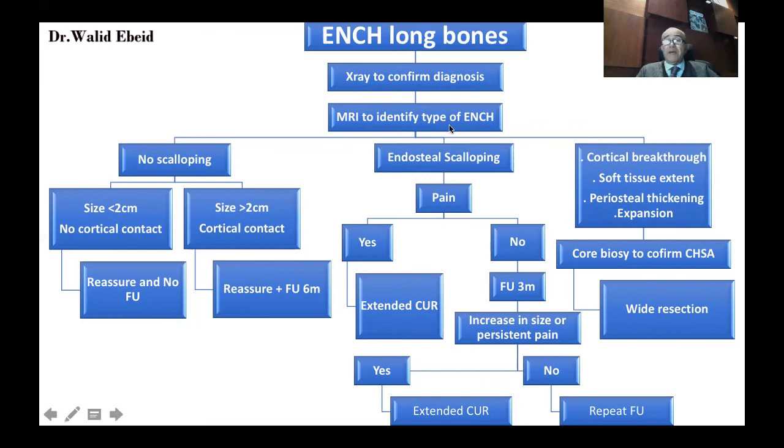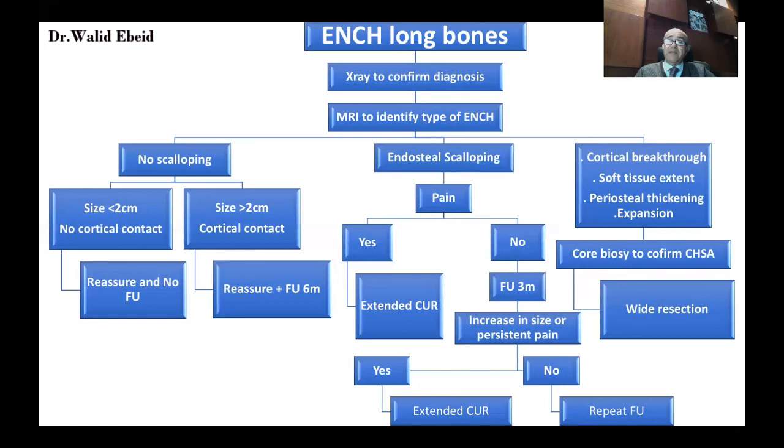However, if the MRI showed endosteal scalloping, which signifies the presence of a more active enchondroma or atypical cartilage tumor, we assess the pain and make sure that the pain is due to this lesion and not related to a nearby pathology. If it's a painful lesion with endosteal scalloping, we do extended curettage for this patient.